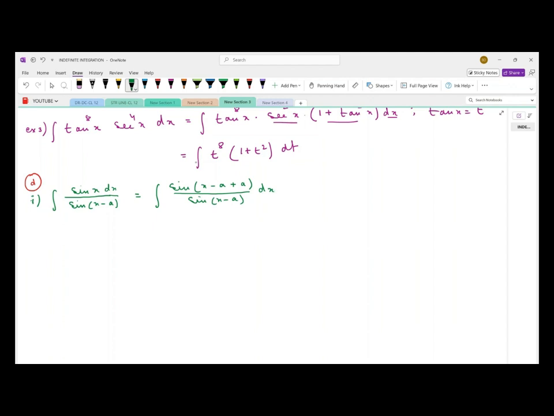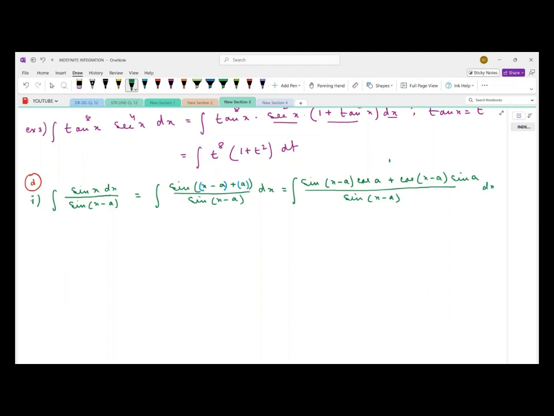And then you treat this as a unit and this as a unit, and then apply the compound formula for sine, that is sine a plus b: sine a cos b plus cos a sin b by sine x minus a dx.